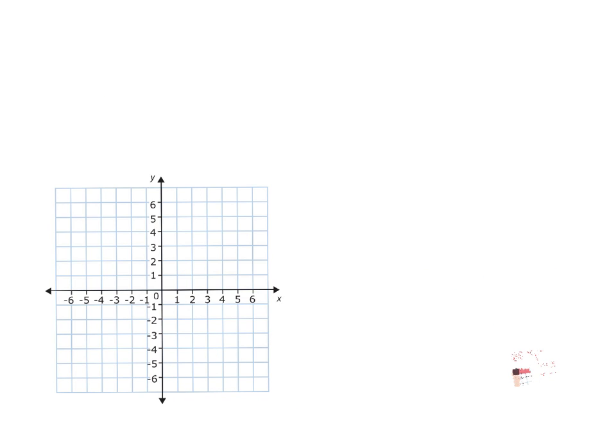Okay, in the next problem, we're going to graph y is greater than 2 and x is less than -2. If you think you know how to do this one, go ahead and do it, then pause it, come back and check your answer. So I'm going to do this. y is greater than 2.